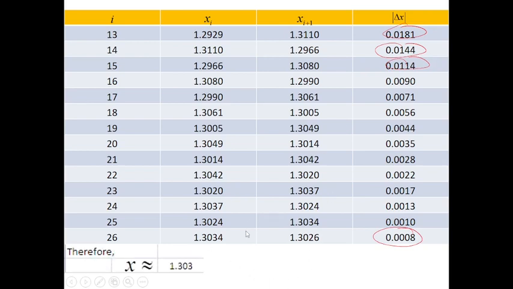So, stop ka na dito dahil equal na sila sa 3 decimal places. 1.302 pa dito, 1.303, hindi pa pwede. 1.303 na, 1.303, okay na dito. So, para sa I equals to 26, dun siya na-satisfy. Okay? So, nag-converge siya. Okay?